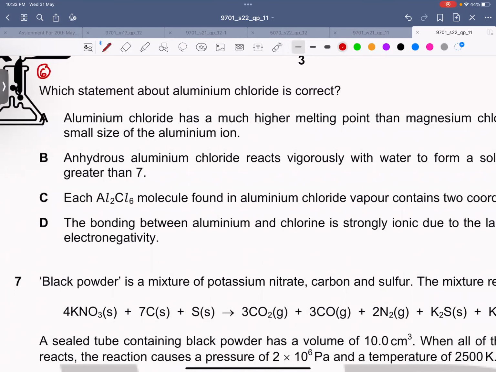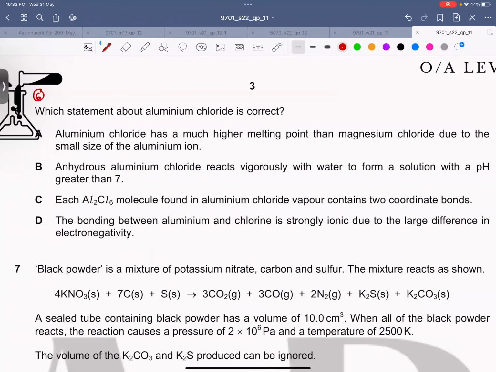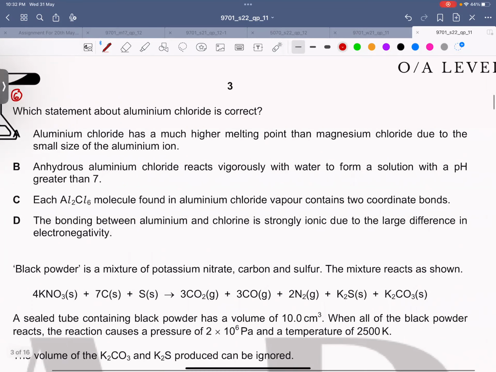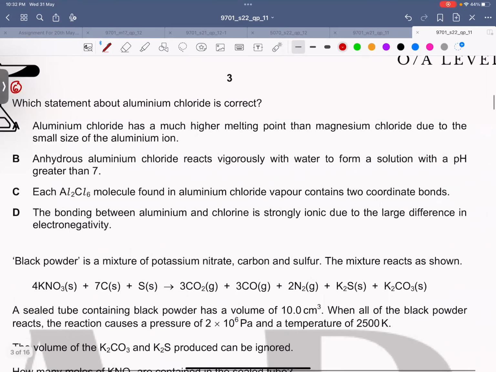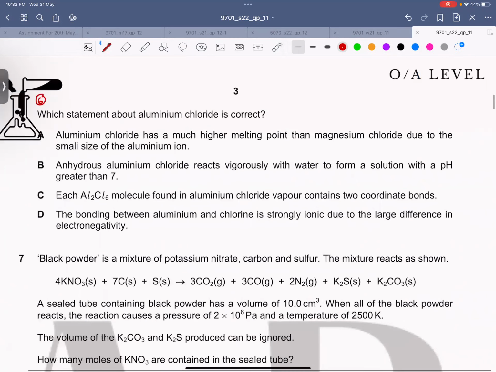Aluminum chloride has a much higher melting point. So, if you recall, aluminum chloride being an ionic compound, which makes this statement wrong, because ionic compounds always have higher melting points. Is this clear?